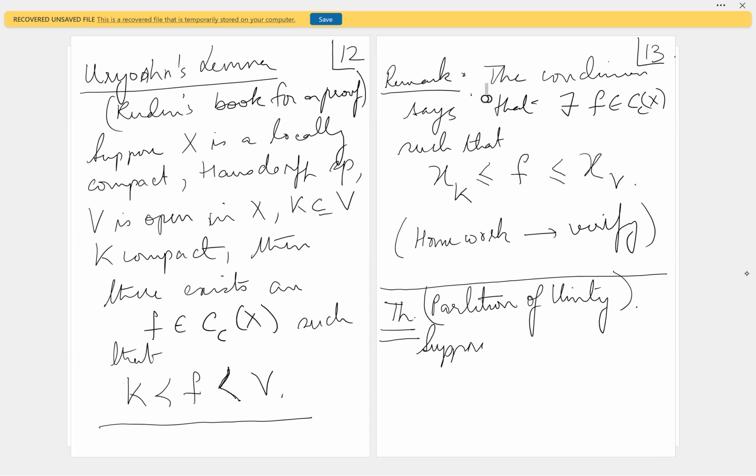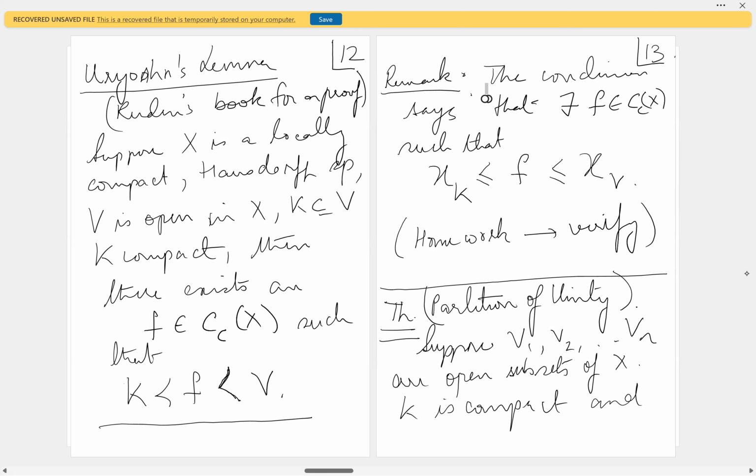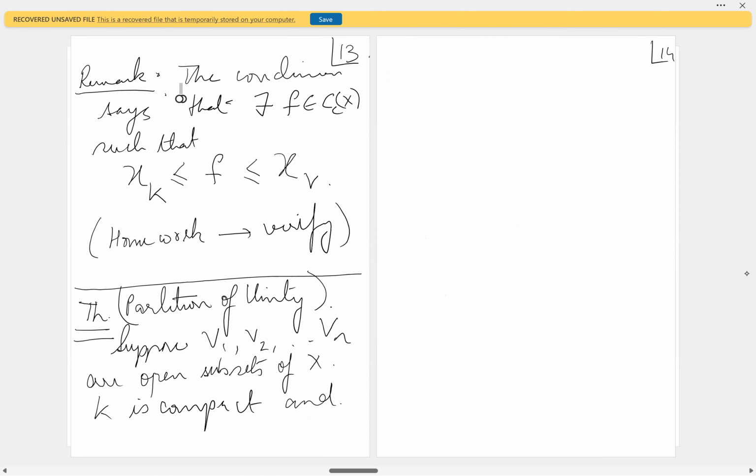So suppose V1, V2, ..., Vn are open subsets, K is compact, and K is contained in the union of the Vi.